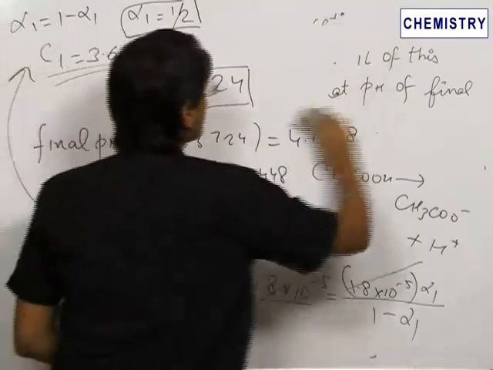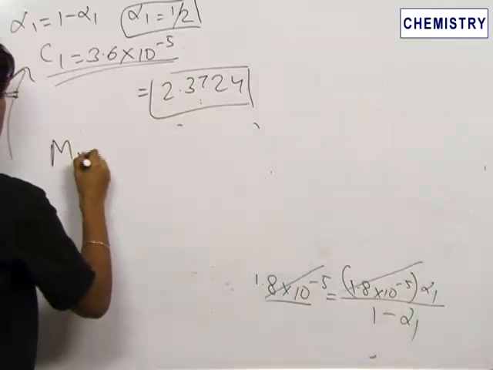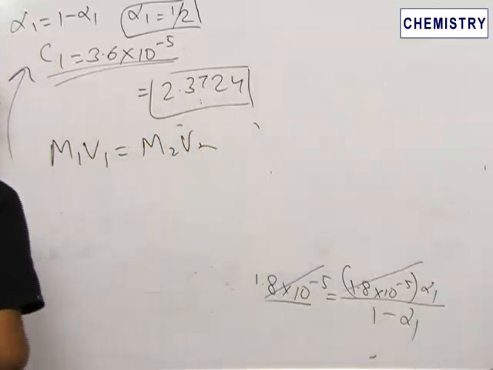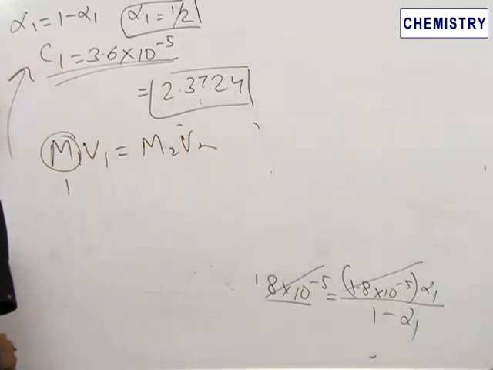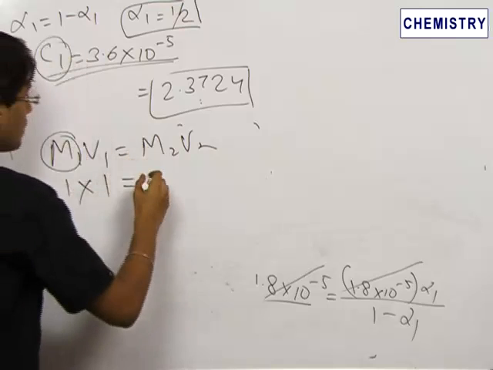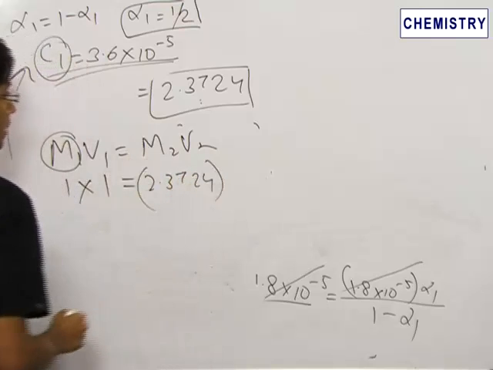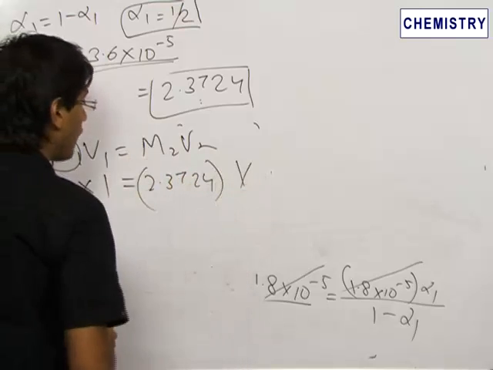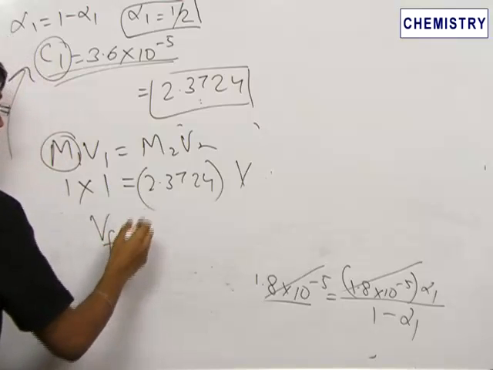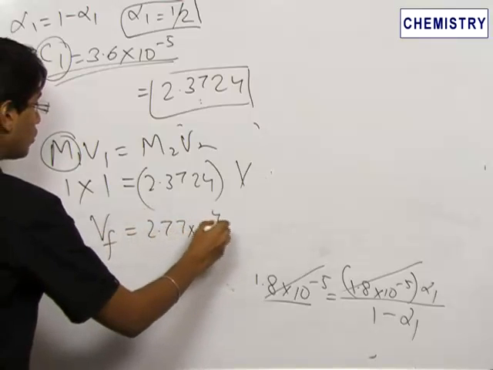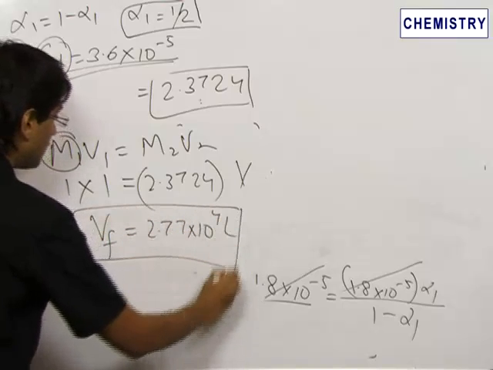Hence we can use the formula M1V1 equals M2V2. Initially it was 1 molar acetic acid, the volume was 1 liter. Finally the concentration comes out to be 3.6 × 10^-5, and we need to find the final volume. On solving this, the final volume comes out to be 2.77 × 10^4 liters.